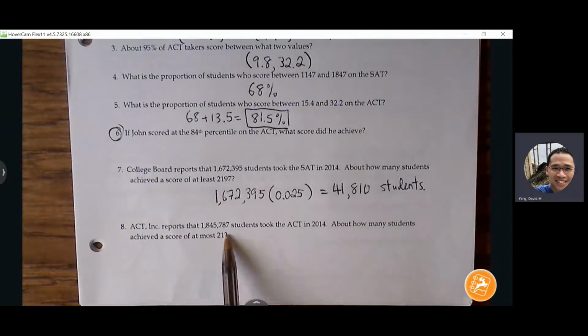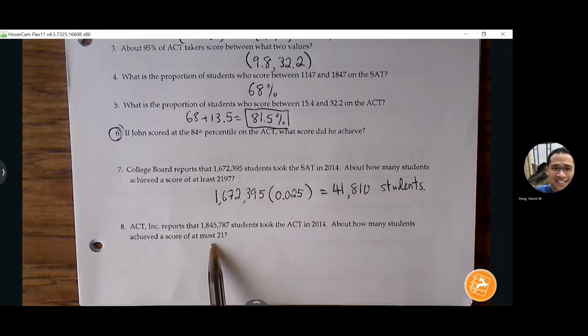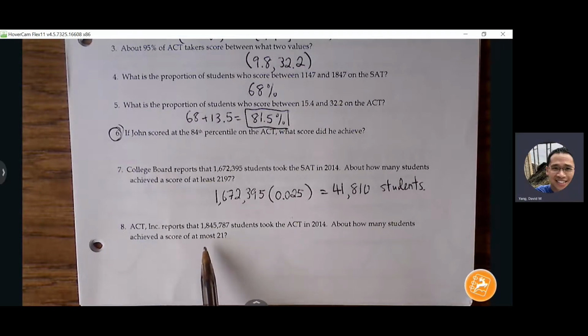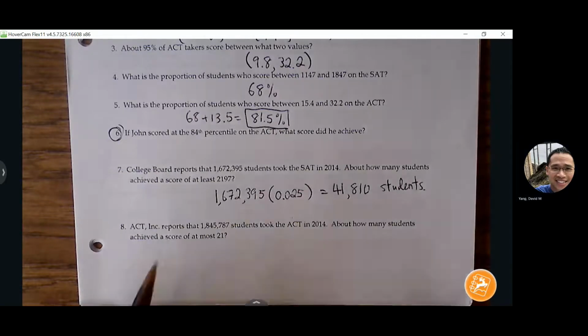Okay, what percentage are we dealing with here? Yeah, 50%, right? To the left or to the right of 21, it's going to be 50% because 21 is right at the middle.